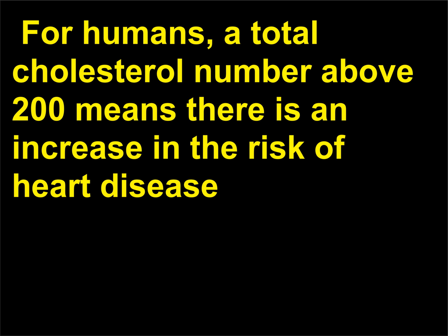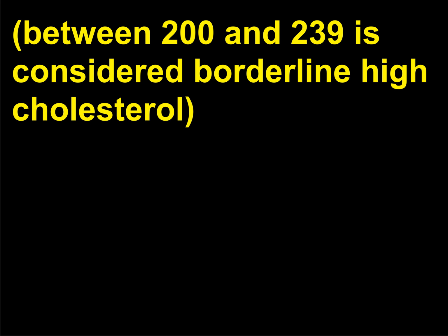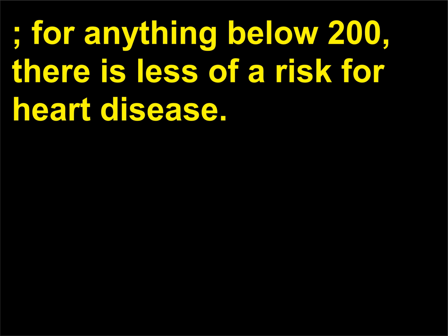For humans, a total cholesterol number above 200 means there is an increase in the risk of heart disease. Between 200 and 239 is considered borderline high cholesterol. For anything below 200, there is less of a risk for heart disease.